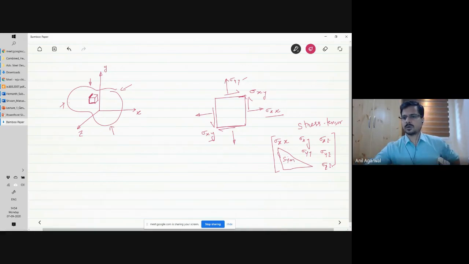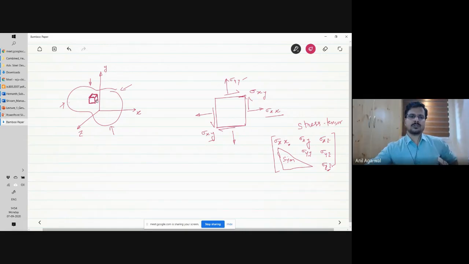Out of the 9 components, you have 3 normal stress components, xx, yy, zz, and 3 shear components, which are also reciprocal on the other side, so a total of 6 shear components. Now, these sigma xx, yy, zz, and sigma xy, sigma xz values are for this particular small element that I have selected. Agreed?